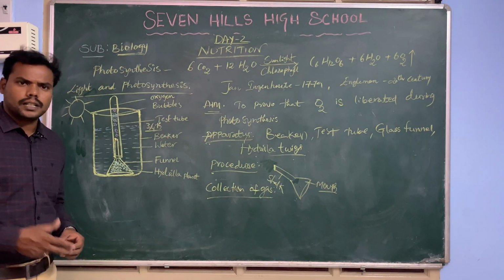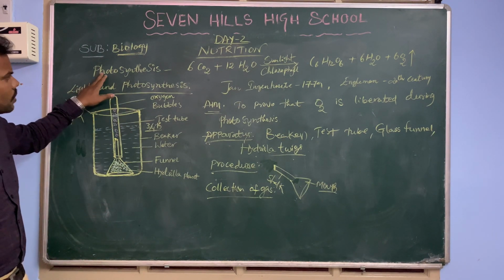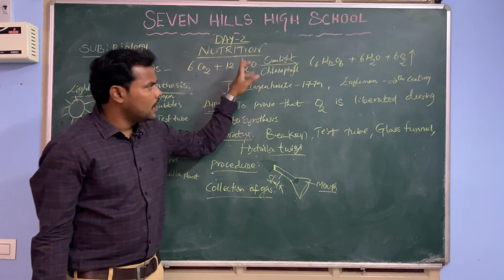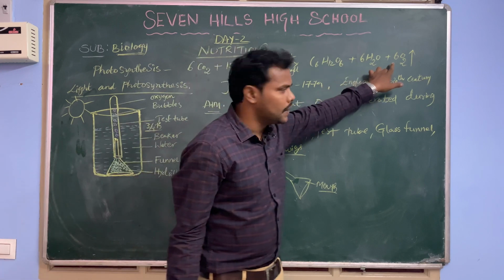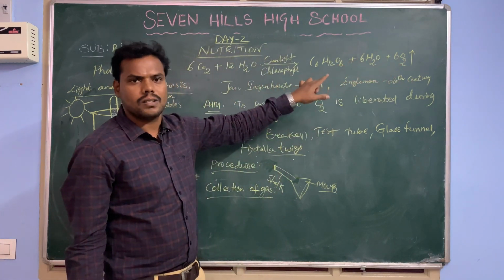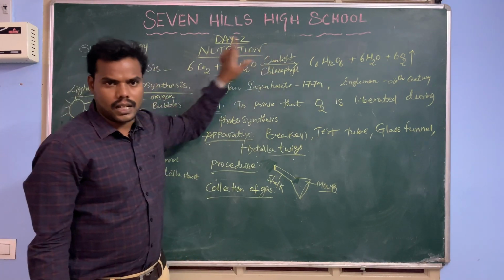According to that, whenever we observe the equation of photosynthesis, we find that carbon dioxide reacts with water and produces glucose, water, and releases oxygen. We know that oxygen is released in the presence of sunlight.